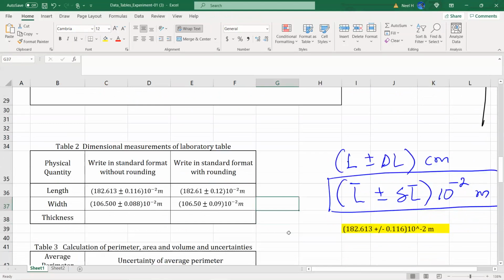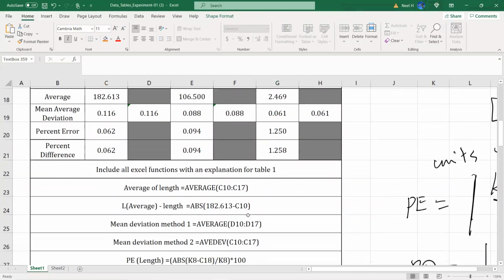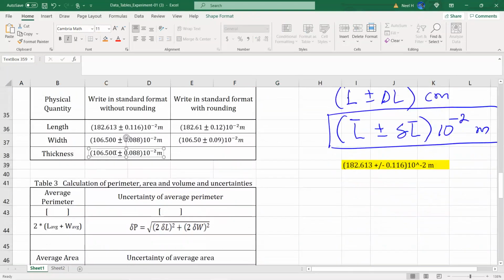Question. Any question? Okay, then let's do the thickness. Same thing, I'm going to make a copy of the previous equation, then I'm going to edit it. That is the easier way. What we have, 2.469 is the number we got.